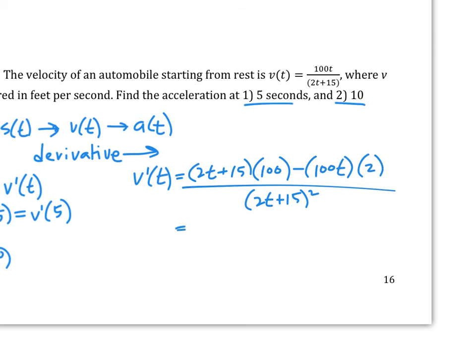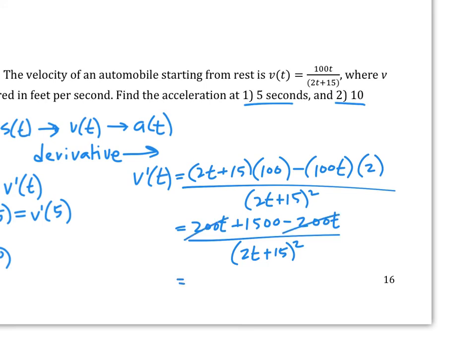I'm gonna try to clean up the numerator a little bit, but not too much, because I don't think there's anything that's really gonna simplify beyond just very little parts of it, but we'll see. Looks like the 200t is gonna cancel, so we have 1500 over 2t plus 15 squared.